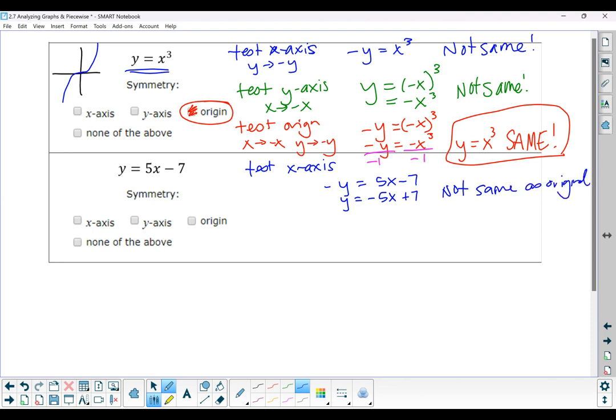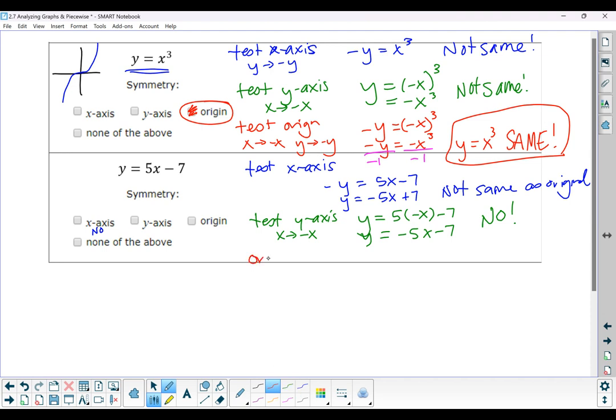So this does not have x-axis symmetry. If we test for y-axis symmetry, we would replace the x with a negative x. So this would be y equals 5 times negative x minus 7. That's negative 5x minus 7. That is definitely not the same as my original.